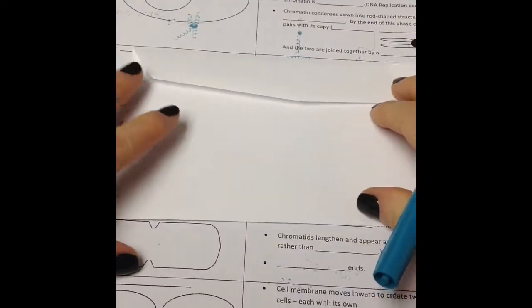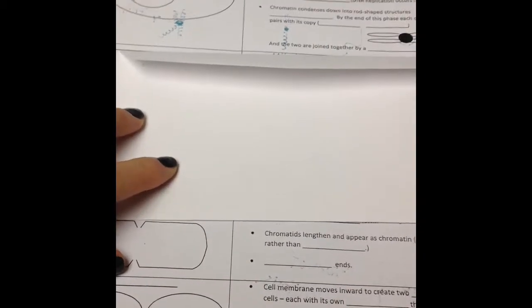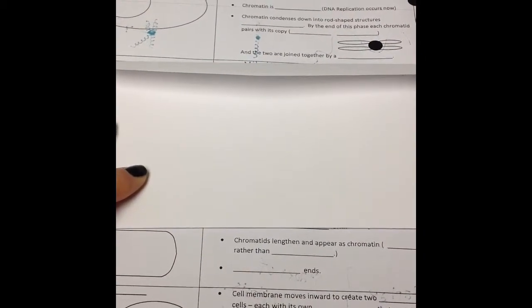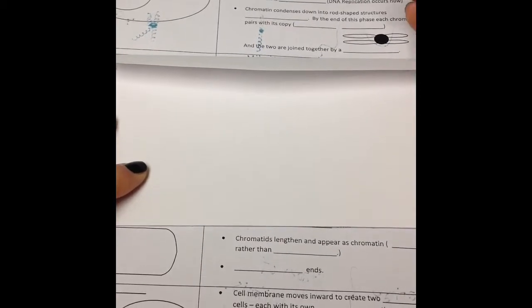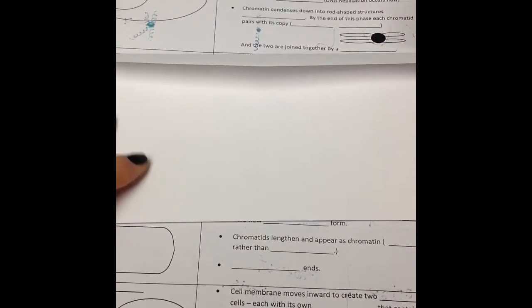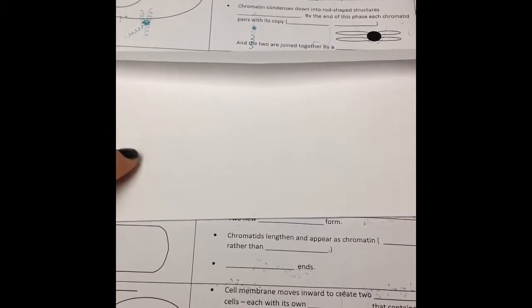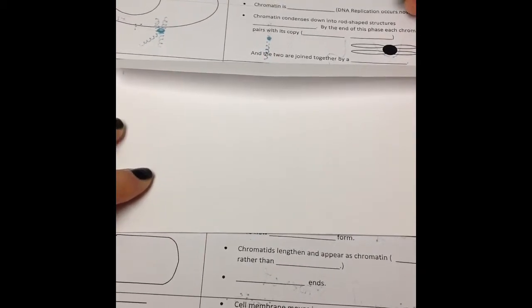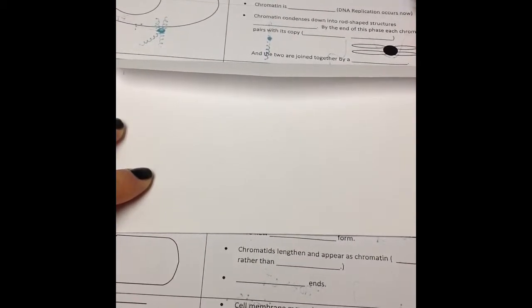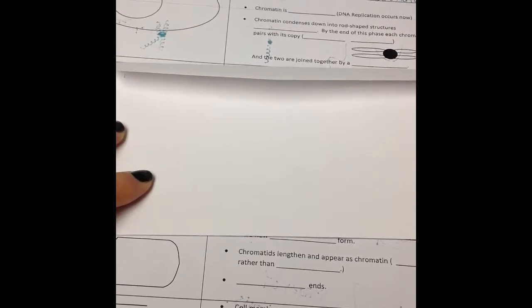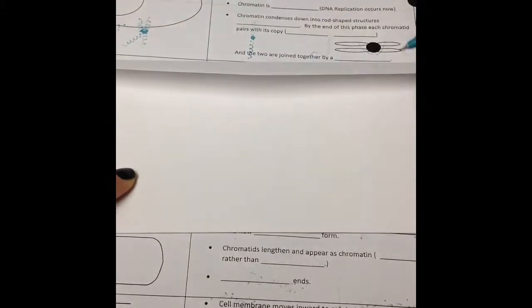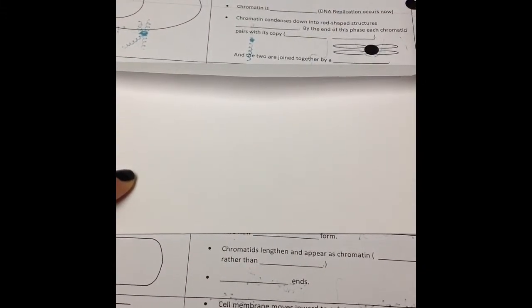So if you take a look on the next box over, the cell grows to its mature size. The genetic material appears as thread-like coils, and we call those thread-like coils chromatin. Those long thread-like coils that we sketched on page 1, that's chromatin.